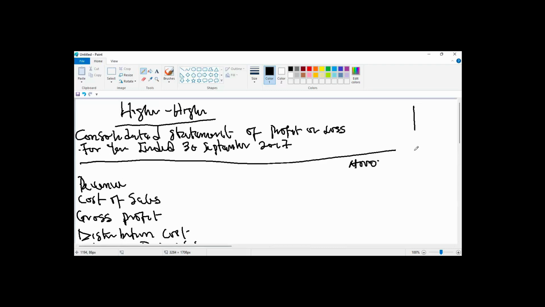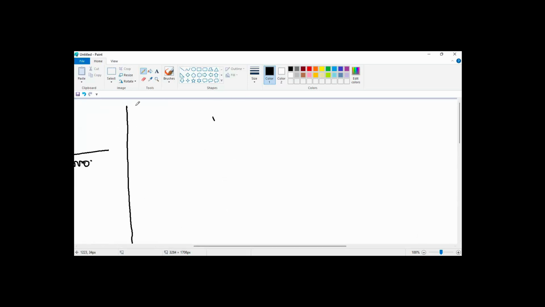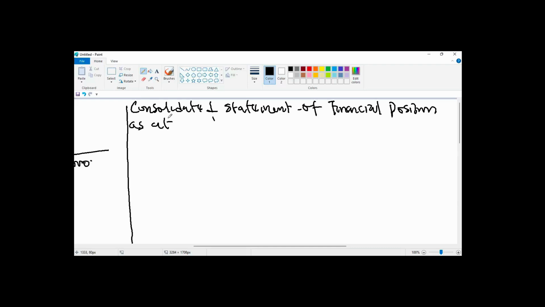Consolidated statement of financial position, assets, as at 30th September 2017.